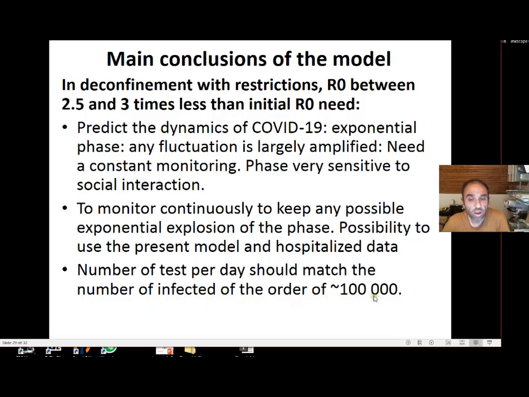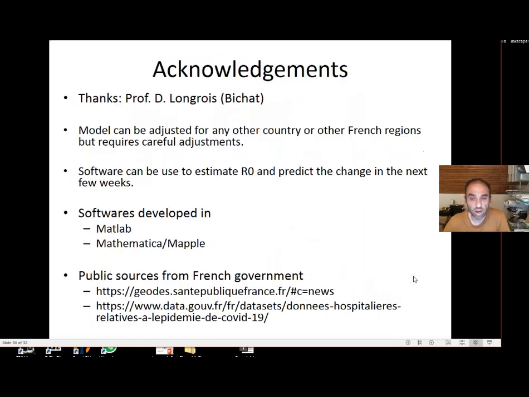So having 100,000 tests per day should be important, and this number of tests has to be integrated in the modeling to see exactly how they could be used to change a policy if needed. If we see that R0 suddenly, instead of being divided by a number between 2.5 and 3, is divided by a number less than 2.5, we risk another possible saturation of ICU.